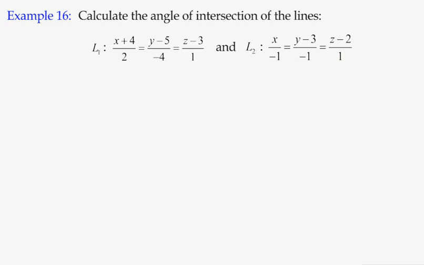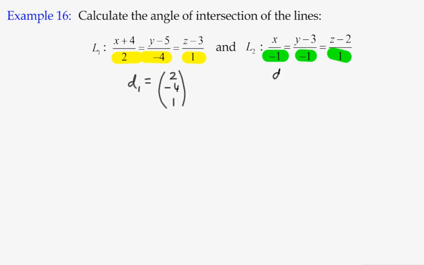So we've got information that we can extract from L1 and L2 about a point on the line, but we don't need that. What we do need is information about the direction vector in each case. From line 1, the direction vector is (2, -4, 1).